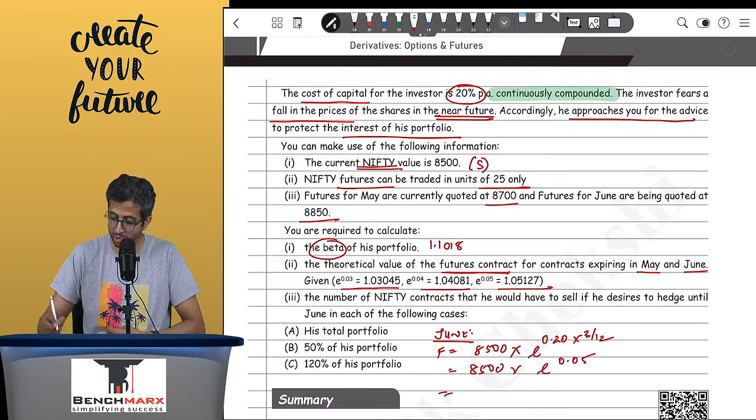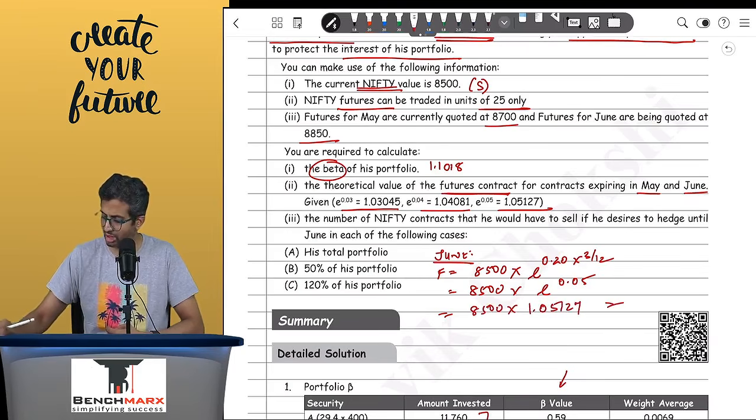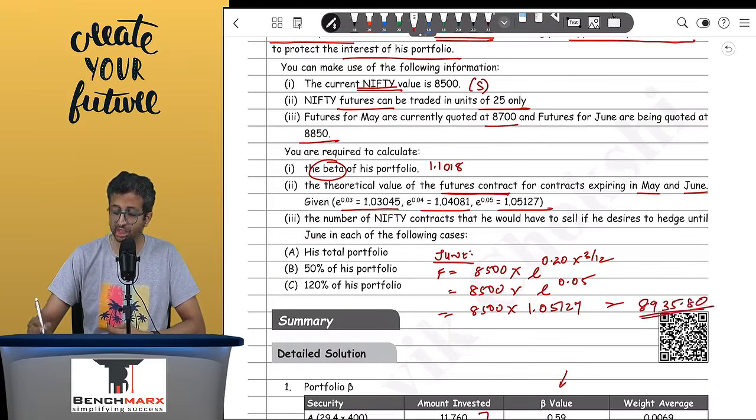And is that e raised to 0.05 given? Well, yes, it is given to us as I think 1.05127. So this is 8,500 into 1.05127, which is 8935.80.